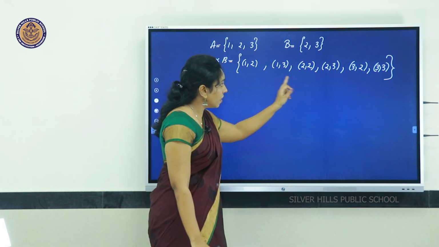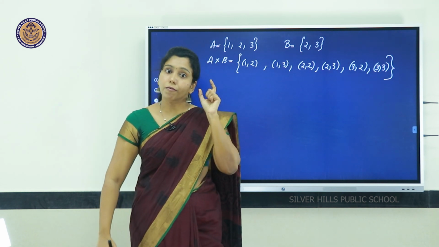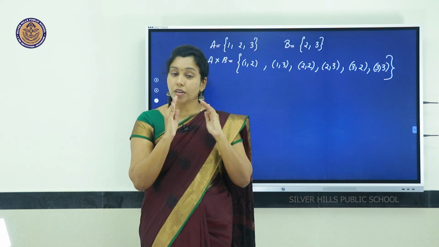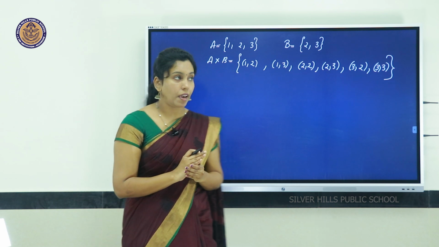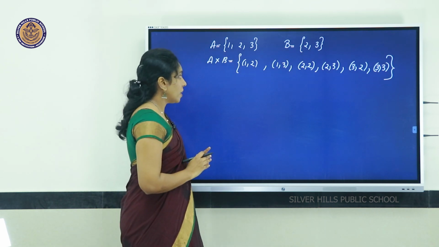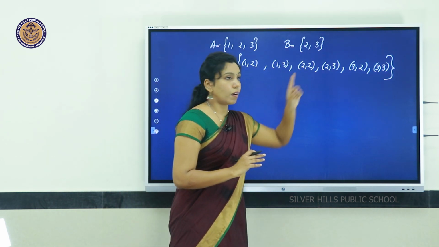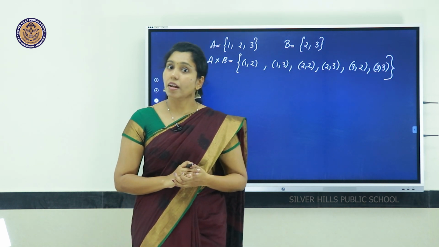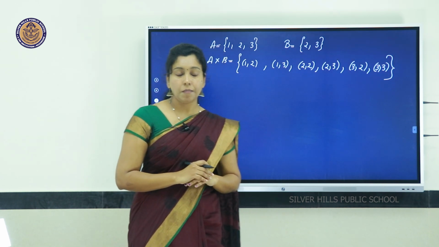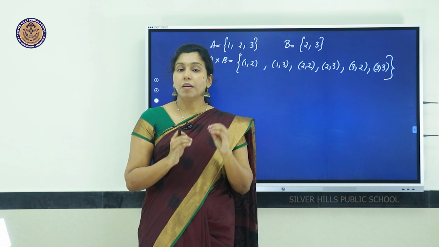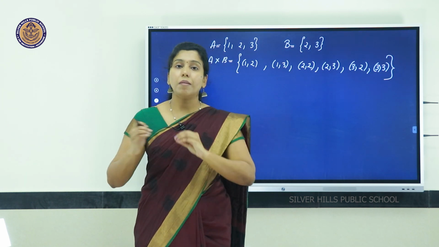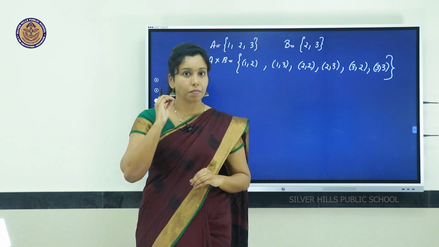If I consider each member from the ordered pair, the first member of each ordered pair comes from the first set and the second member of each ordered pair comes from the second set. Now I am going to connect the members of the first set with the members of the second set by some relation.